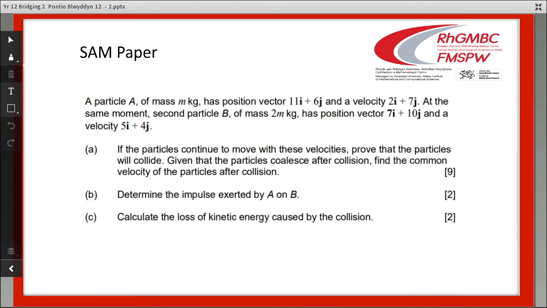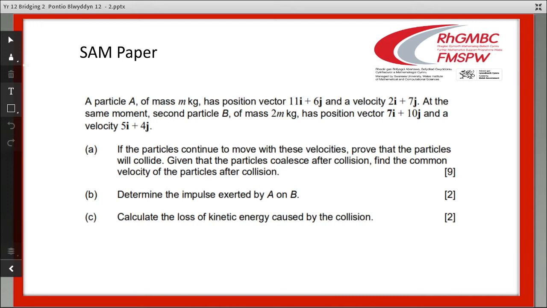And for each module of the A-level exams, be it mathematics or further mathematics, there was a specimen assessment paper. This is the one from FM3 with regard to collisions in 2 dimensions, but as you can see, because of the way it's set up, it's i's and j's.